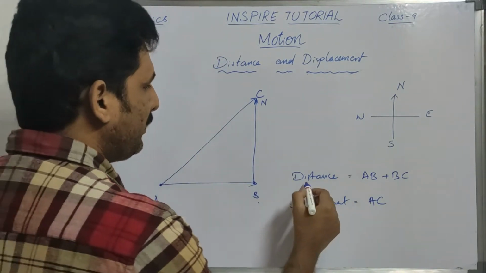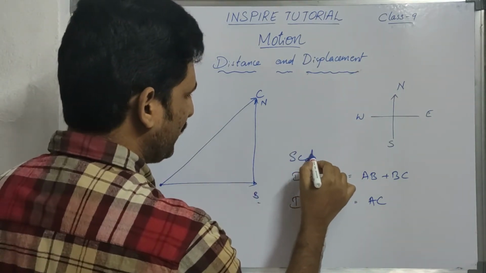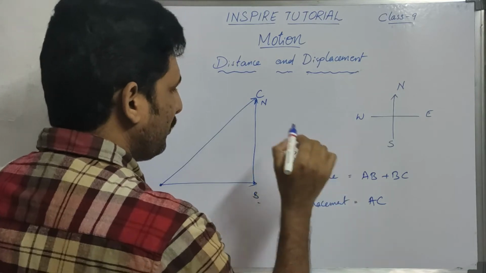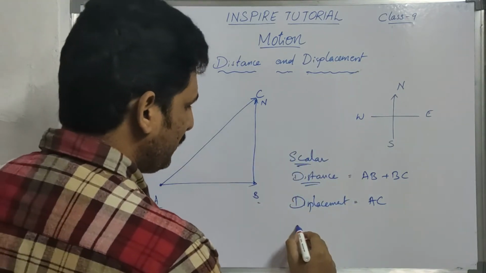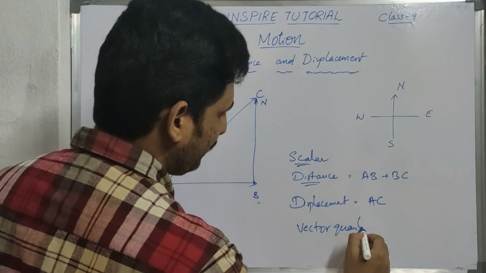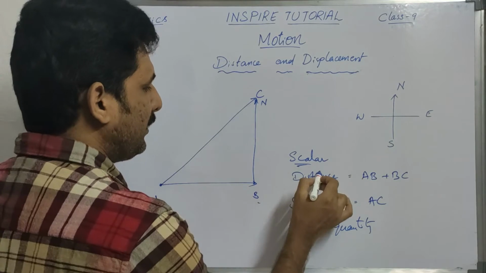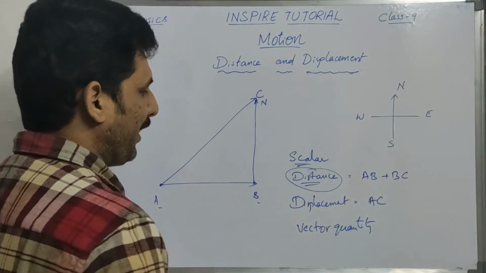Now distance is a scalar quantity, but displacement is a vector quantity. The reason is the distance has only the magnitude.